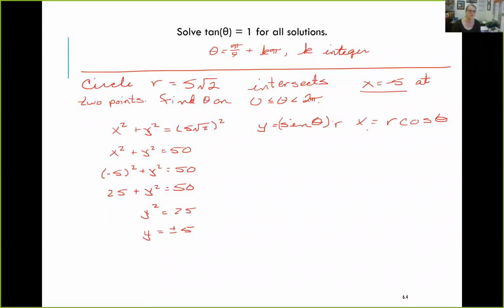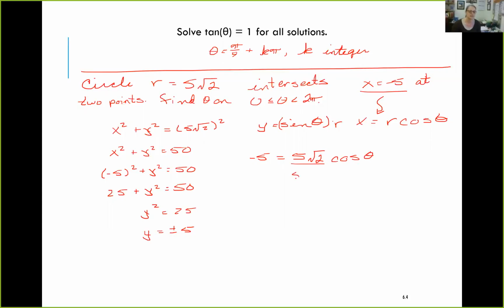So the quick way to do this is to say, you gave me the x coordinate, so -5 equals, and you gave me my radius, so that would be 5 times the square root of 2 times the cosine of theta.